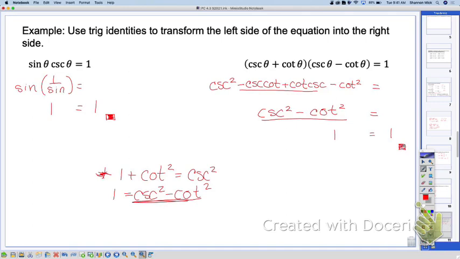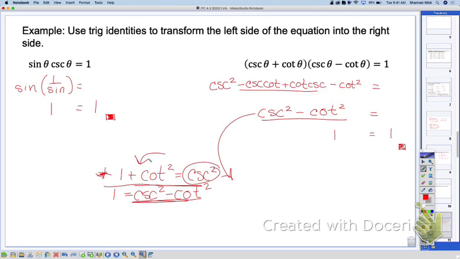The other thing I could do, this is an alternate ending, because there's more than one way to do this. I could have just used this. And could I have made cosecant squared into this?